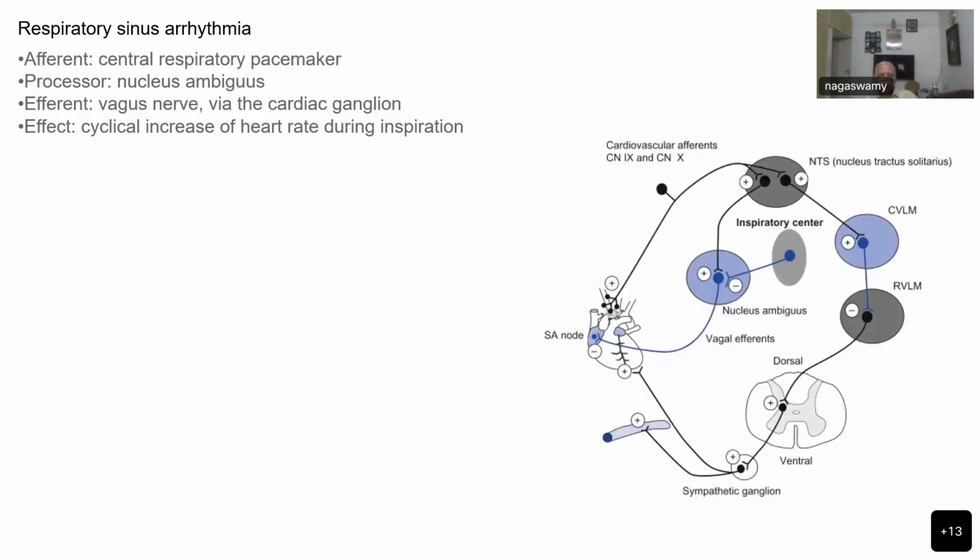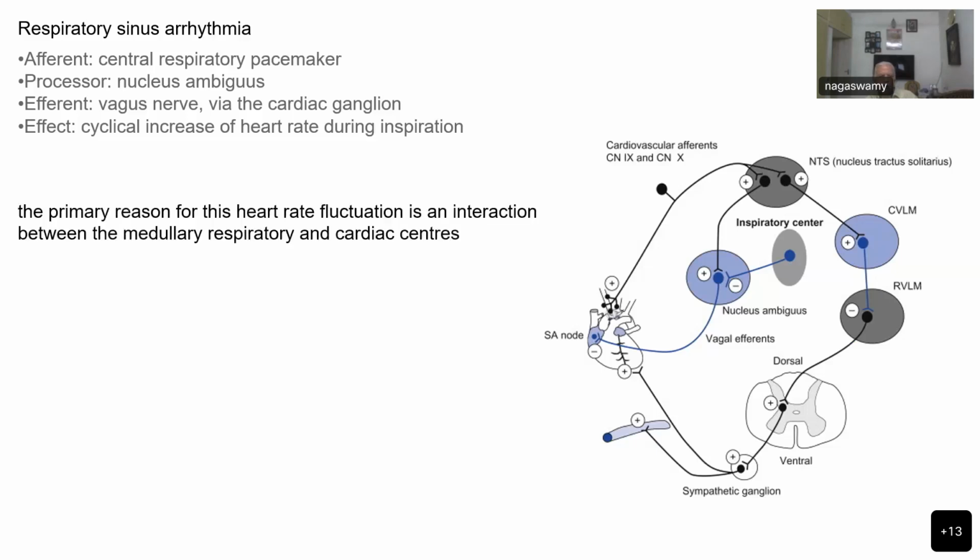So this is how the connection goes between the respiratory center and the nucleus ambiguus of the vagus, going through all these nerves, and then the medullary, caudal and rostral ventrolateral medulla, dorsal horn, sympathetic chain. So this is a very complex mechanism by which it will cause an increase in the heart rate during inspiration. The primary reason for this heart rate fluctuation is an interaction between the medullary respiratory and cardiac centers.